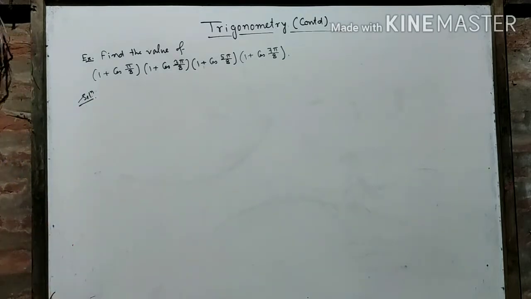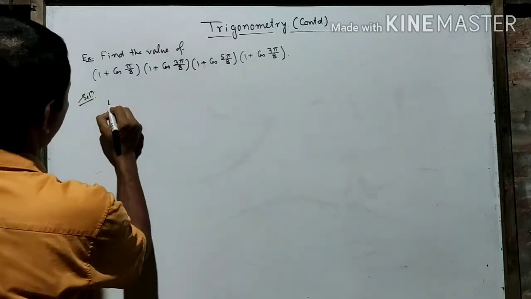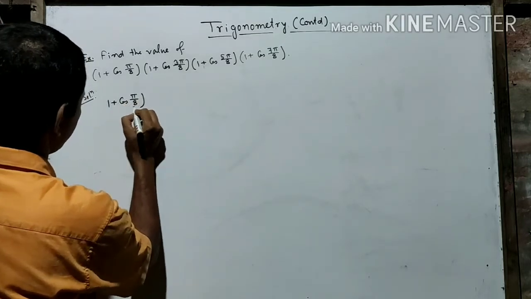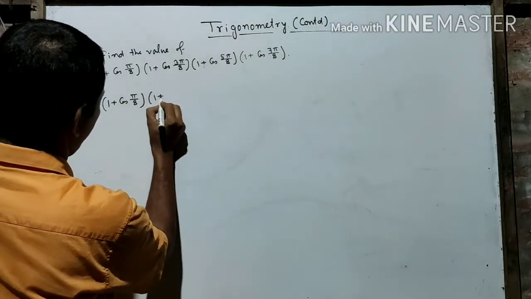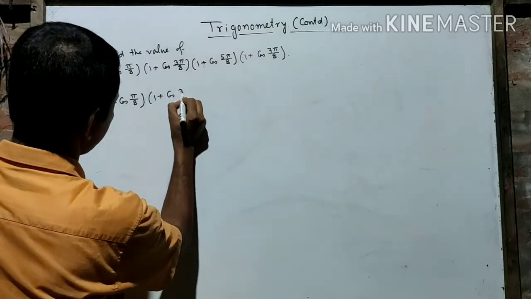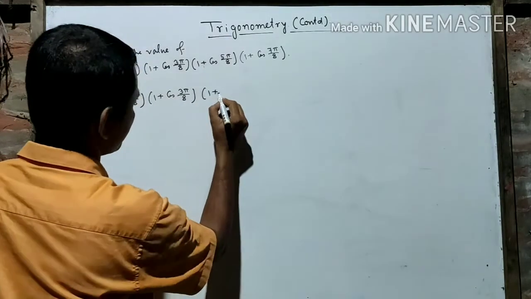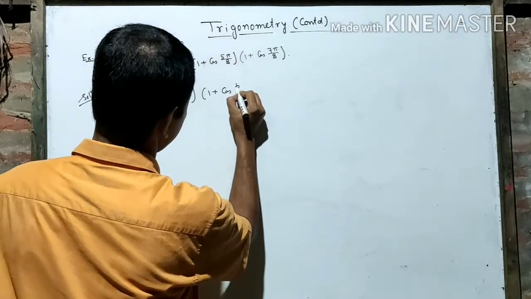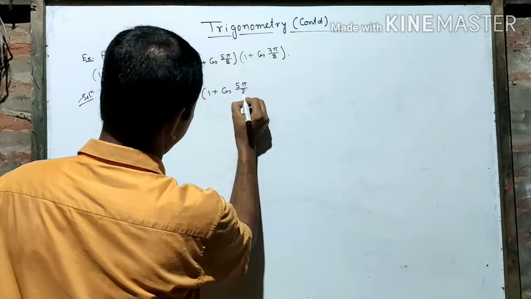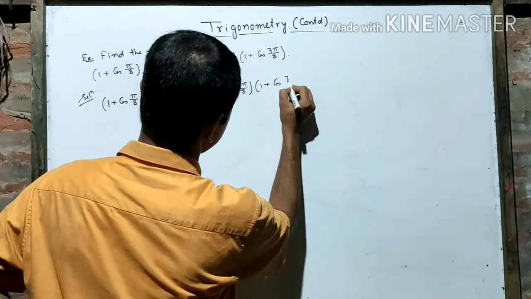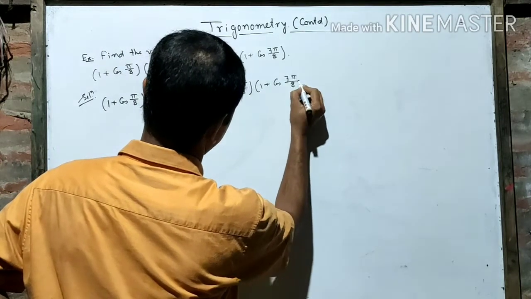Let's start with the given expression: 1 plus cos pi by 8, 1 plus cos 3 pi by 8, 1 plus cos 5 pi by 8, 1 plus cos 7 pi by 8.